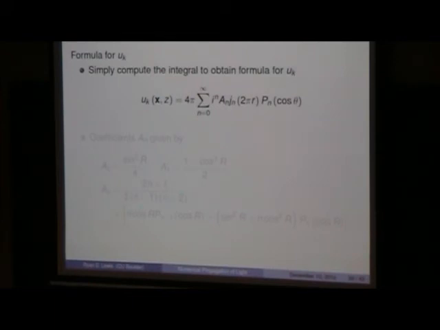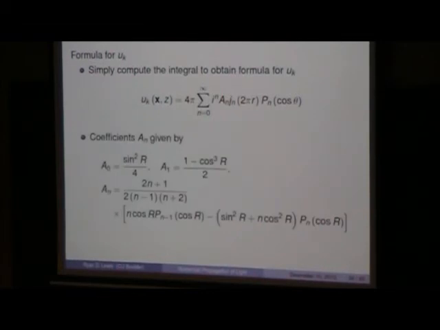You evaluate the integral, and that gives you a series expansion for the field generated by the Slepian kernel. So this is a series involving the spherical Bessel functions and Legendre polynomials, and these numbers A_n are given by a formula that involves more Legendre polynomials. So stuff that is very easy to evaluate.